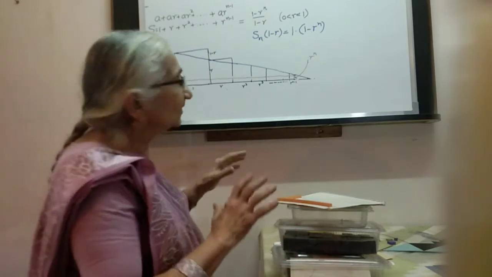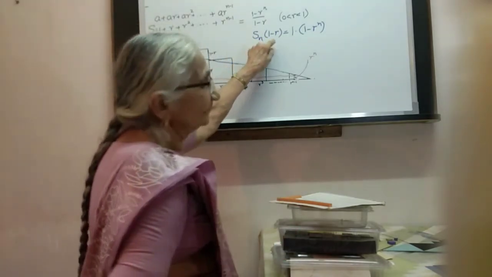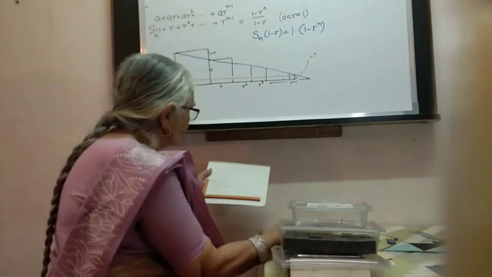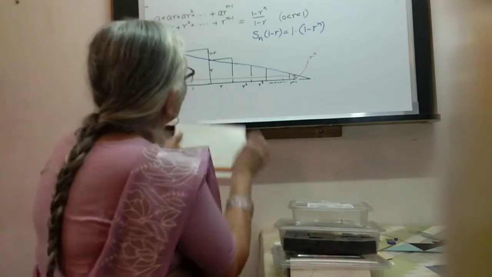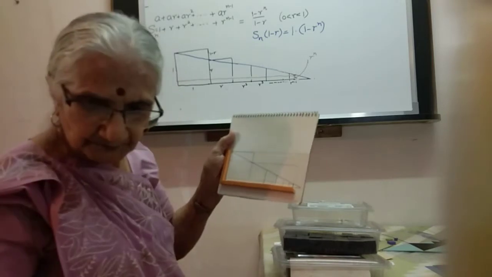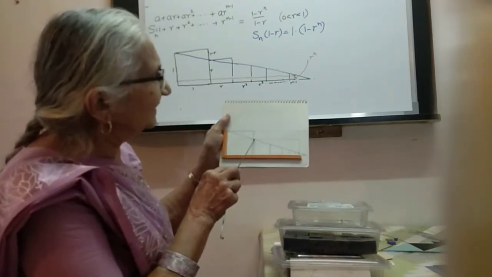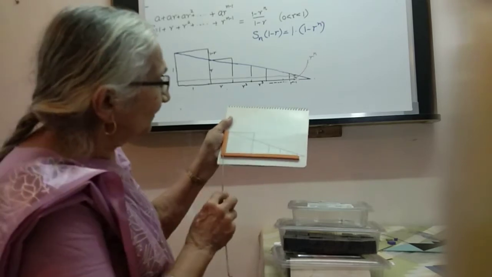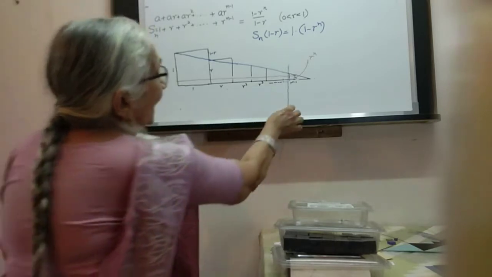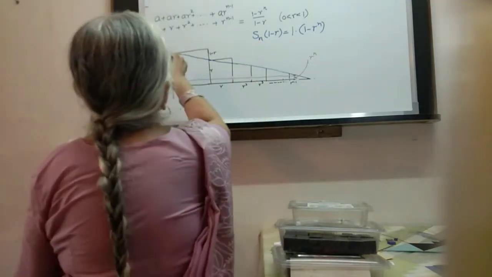So now we have to look for, in the model, rectangles whose sides are Sn and 1 minus r. Let us see. We have seen already that this length is 1 minus r. How much is this? Well, we have taken exactly up to here. 1 plus r up to r raised to n minus 1, and that is our Sn.